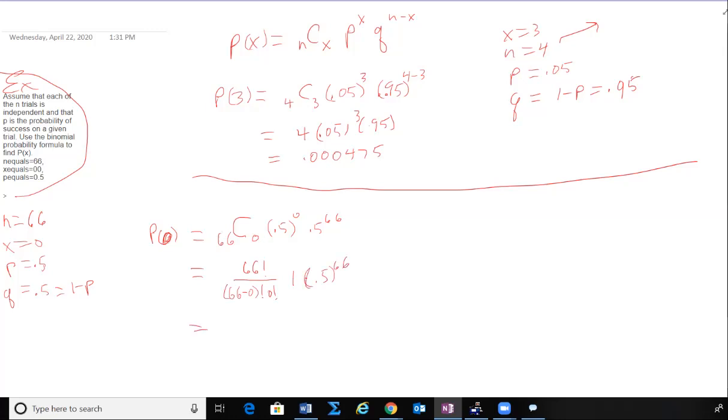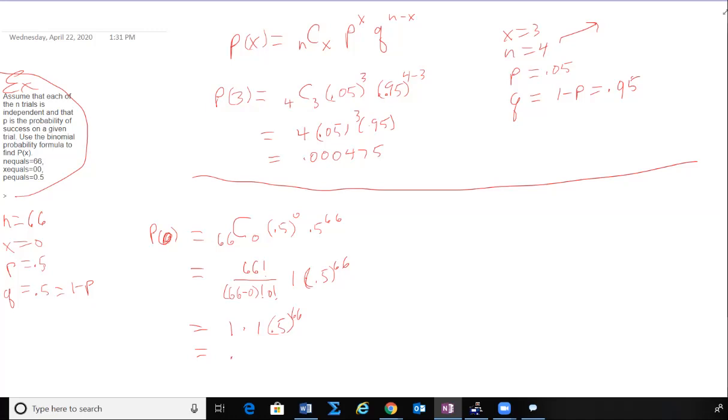Okay, now this over here just turns out to be a 1. Just 1 times 1 times 0.5 to the 66. So let's see what happens. Okay, it's a really tiny number.